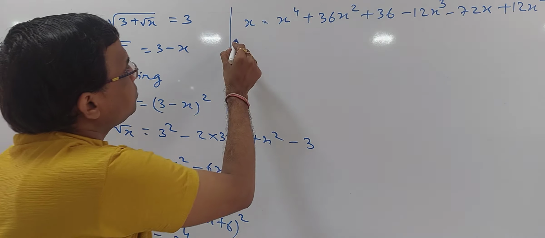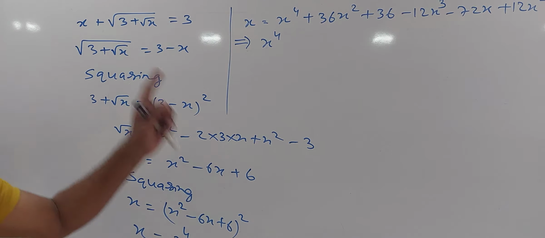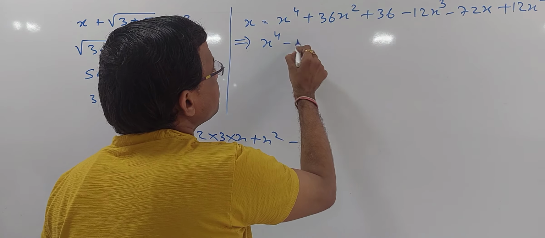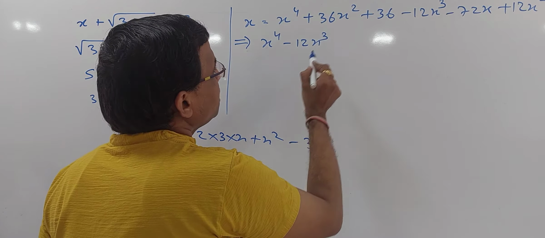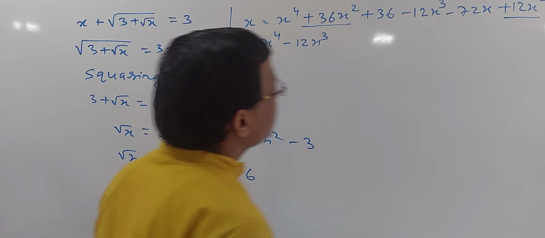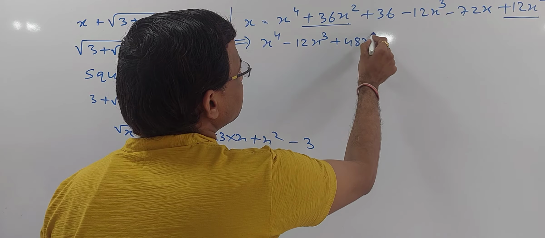Now the final step is to simplify into quartic form. I already told that it will be a quartic equation. So x power 4 minus 12x cube, then 36x square plus 12x square, so it is 48x square.